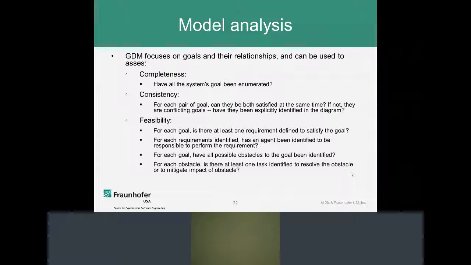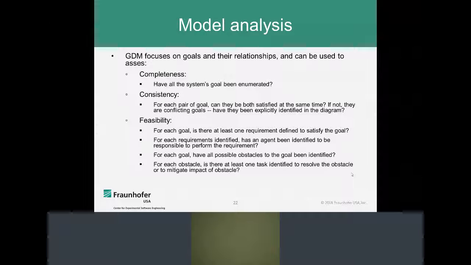You can check if there are conflicting goals that cannot be achieved at the same time, essentially. Does every goal have a supporting sub-goal? Does it all terminate at a reasonable leaf node, a reasonable requirement? Has every leaf node been assigned to an agent?